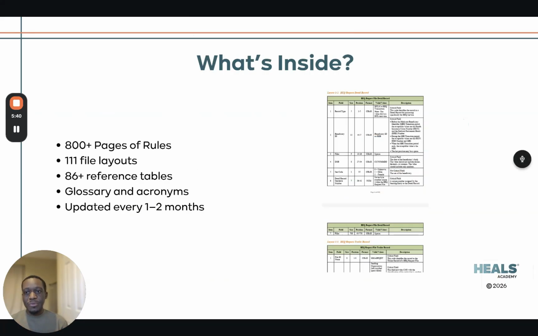What is in the Plan Communications User Guide? As we go through this month, we'll be digging deeper into it. It's over 800 pages of tables and rules and text. It has about 111 file layouts being communicated between plans and CMS. There are about 86 reference tables, glossaries, and acronyms, and it's updated every 1 to 2 months.